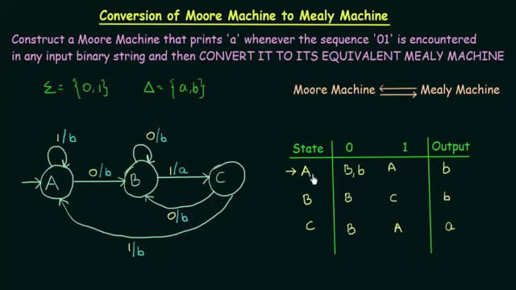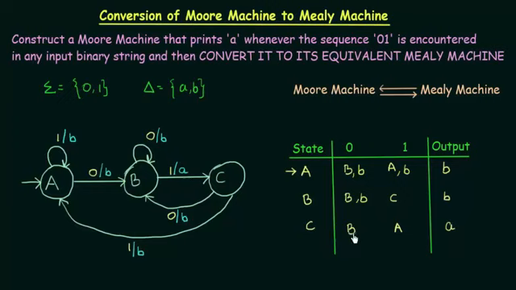Come to the next one: A on input 1 goes to A, and what is the output associated to state A? It is small b, so here also I give a small b. Now let's come to state B. On input 0 it goes to B itself, and what is the output associated to B? It is small b. And on input 1 it goes to state C, and what is the output associated to state C?